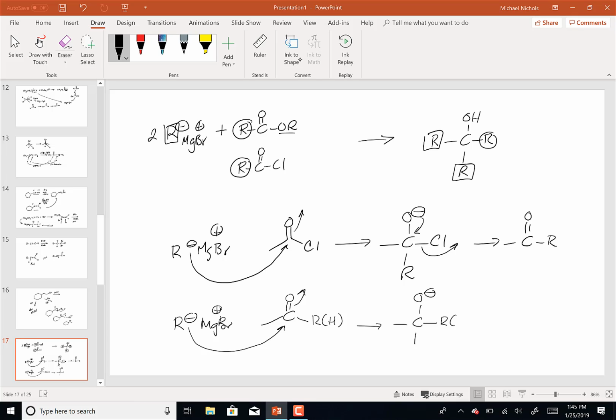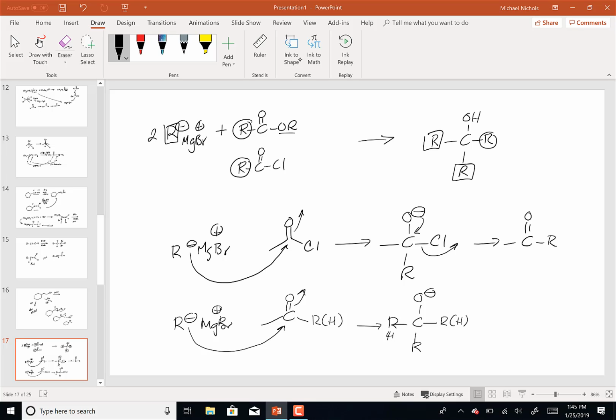And even though I didn't say it at the time, the molecule stops and it tries to reform the carbonyl. So it wants to bring its pair of electrons back down. But the problem is, there's either an R and an H attached here, there's an R there from the Grignard, and there's an R and an H over here.